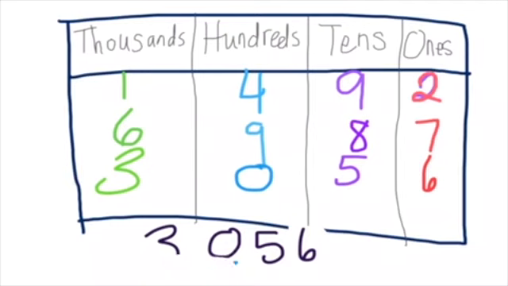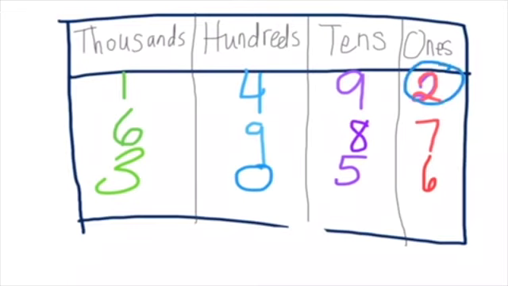So when I look at each of these numbers, of course, I know what place value each one belongs in, but do I know the value of each number? The value of each number, that means when I look at the place value of that number, I am going to ask myself, how much really is that number? So like in the ones place, of course, there's 2 ones, because there's a 2 in the ones place.